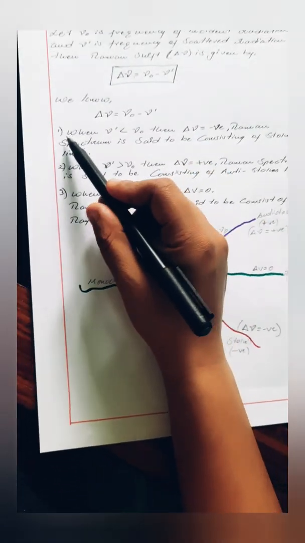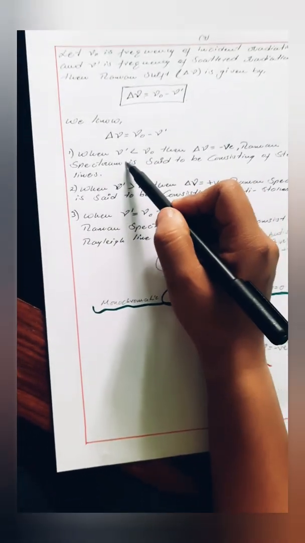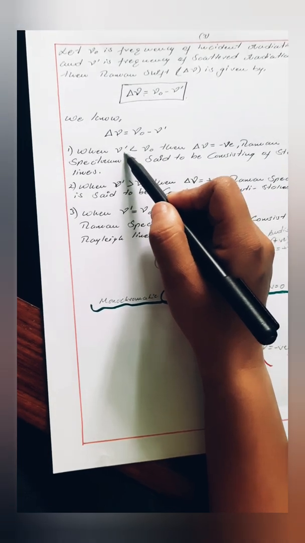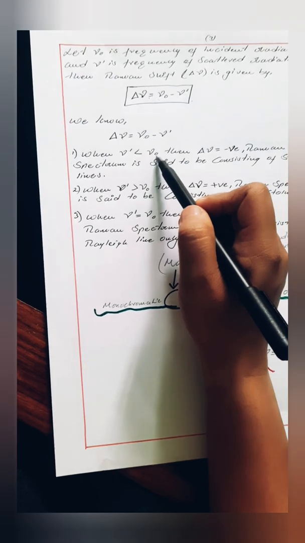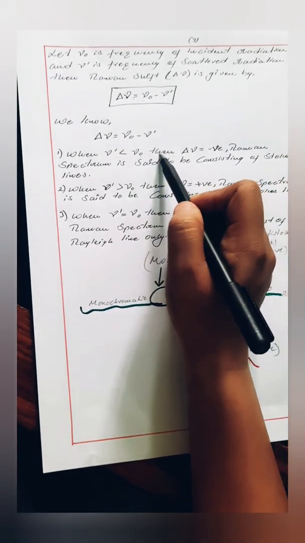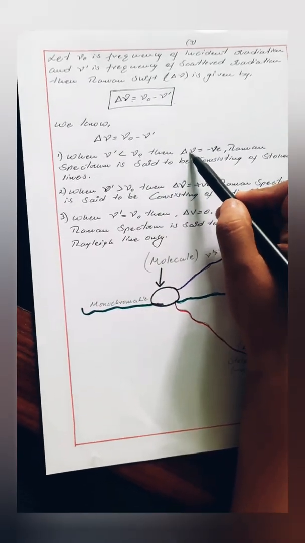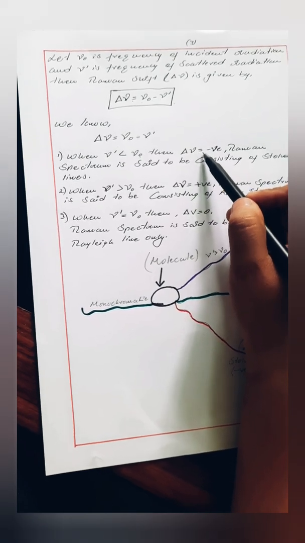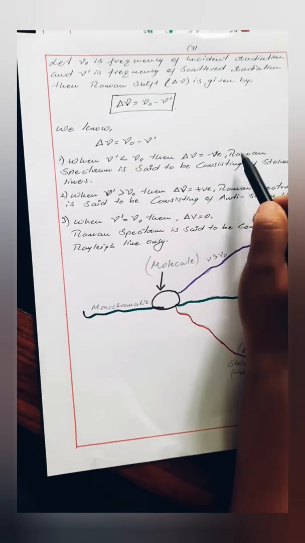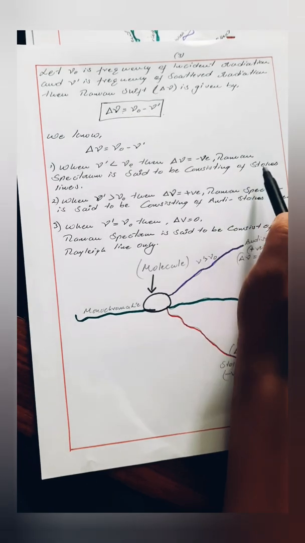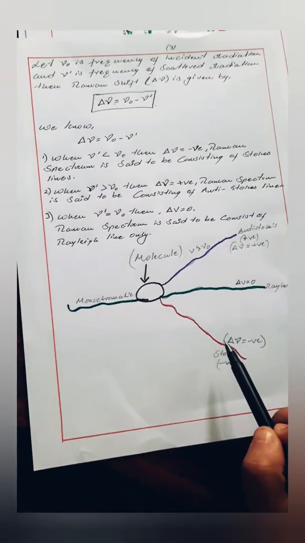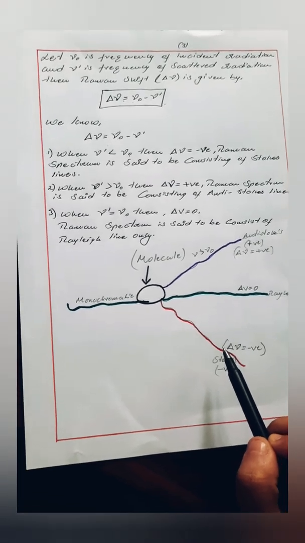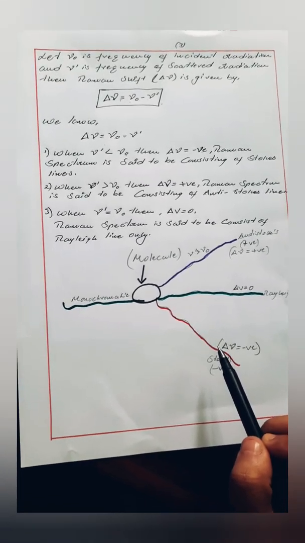Now, number 1, when nu dash, that is the frequency of scattered ray, is less than that of the frequency of incident ray, then delta nu, that is the Raman shift, will have a negative value. That is, Raman spectrum is said to consist of Stokes line. This Stokes line, that is negative, has the lower frequency than that of the incident light.